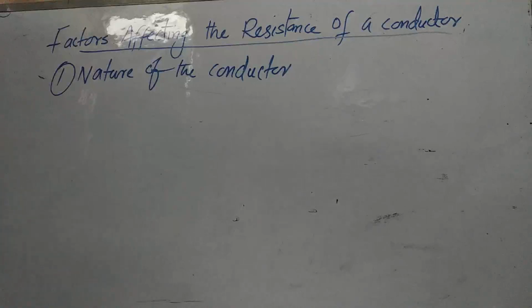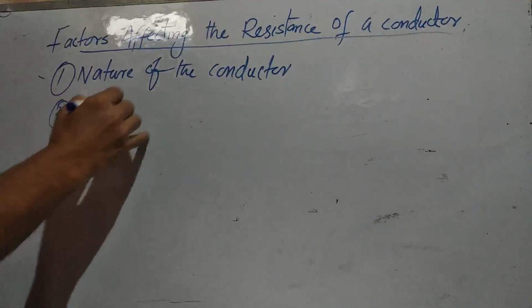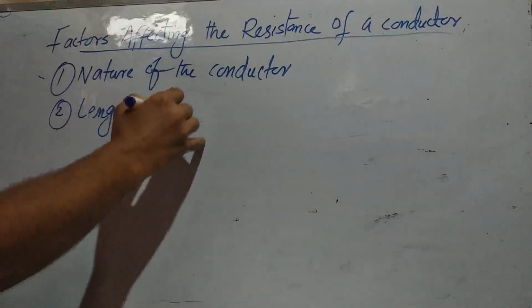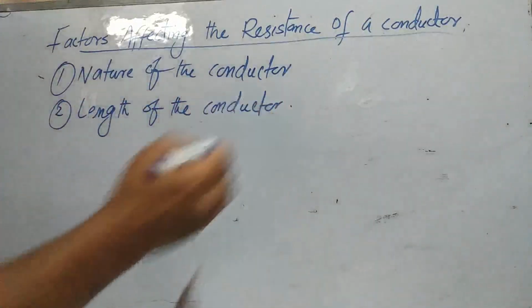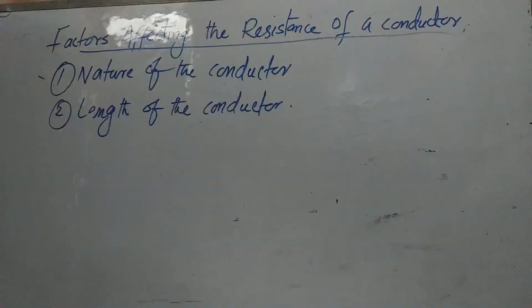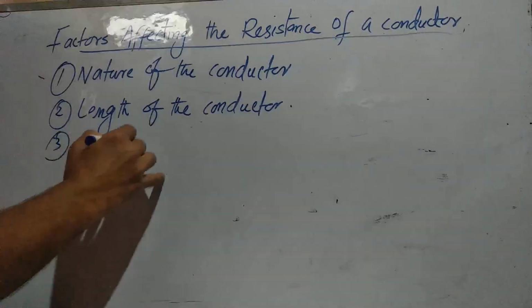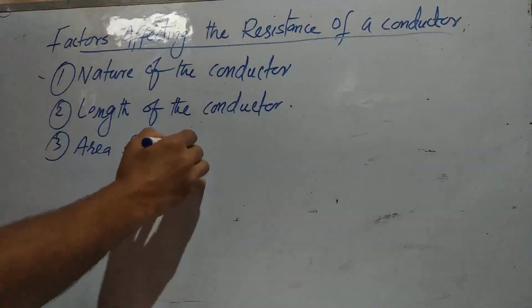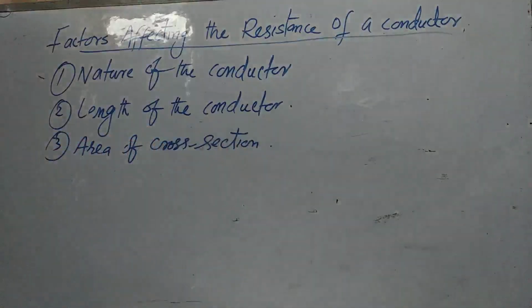And the second one is length of the conductor. What is the length of the conductor? And the third one is area of cross section.